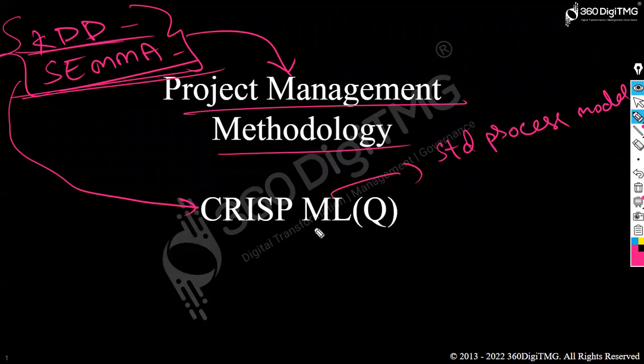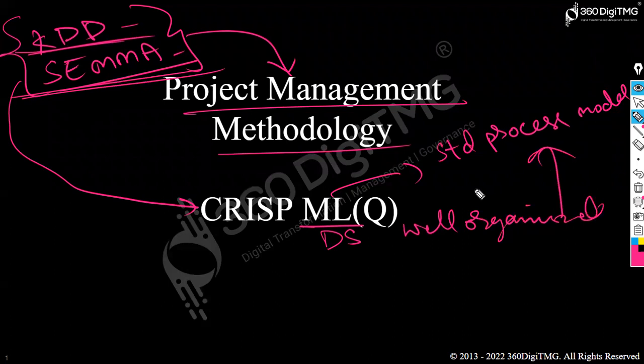As a result, machine learning as well as data science are supposed to be well organized by following some standard process model.